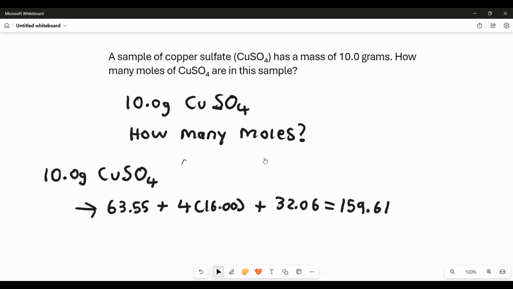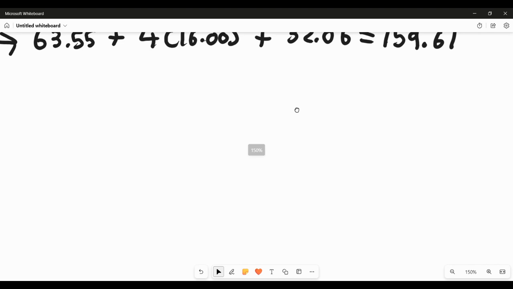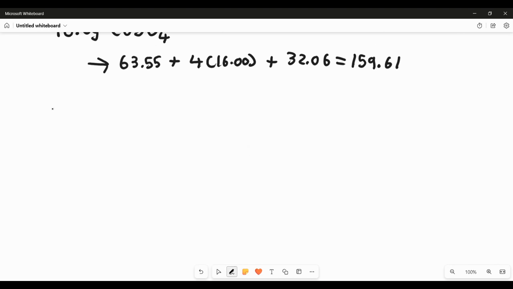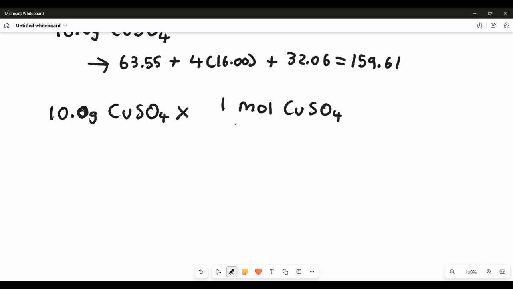Now let's write out the conversion. So 10.0 grams of CuSO4 times. Now we need to find how many moles. So for 1 mole of CuSO4, there is 159.61 grams of this compound.